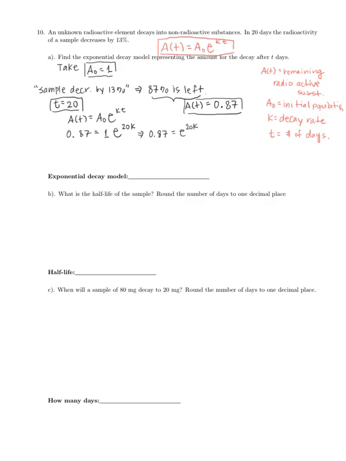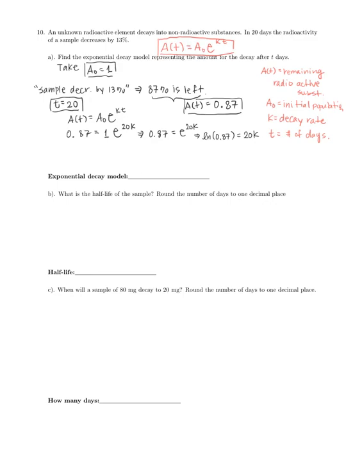Now if I want to solve for k, what we need to do is take ln of both sides, or compose both sides with natural log. So natural log of 0.87 equals natural log of e to the 20k, which is just going to give us 20k back.